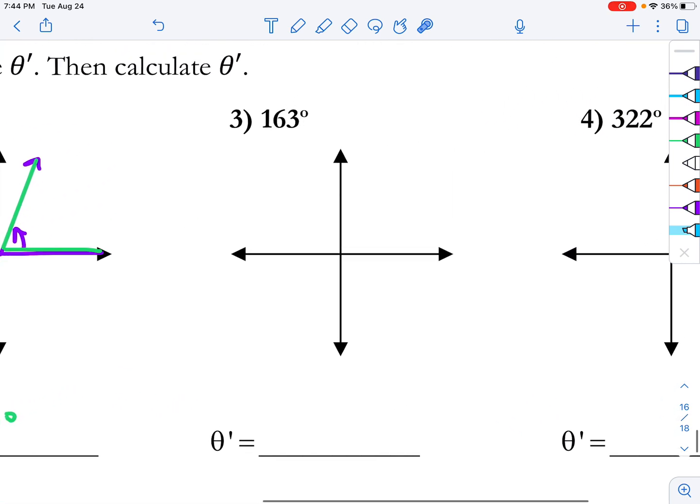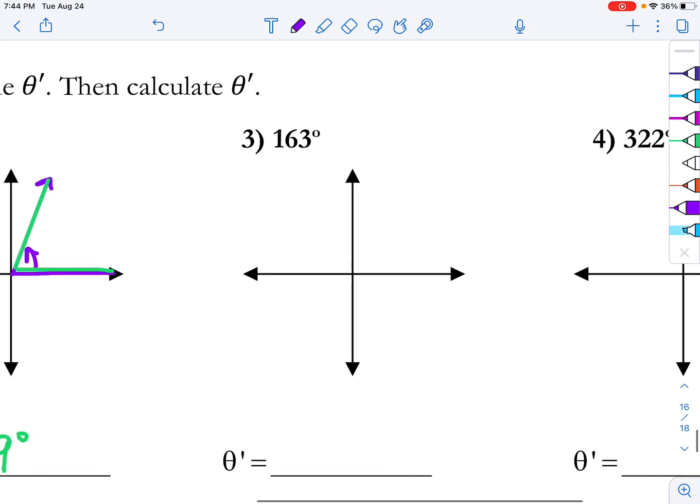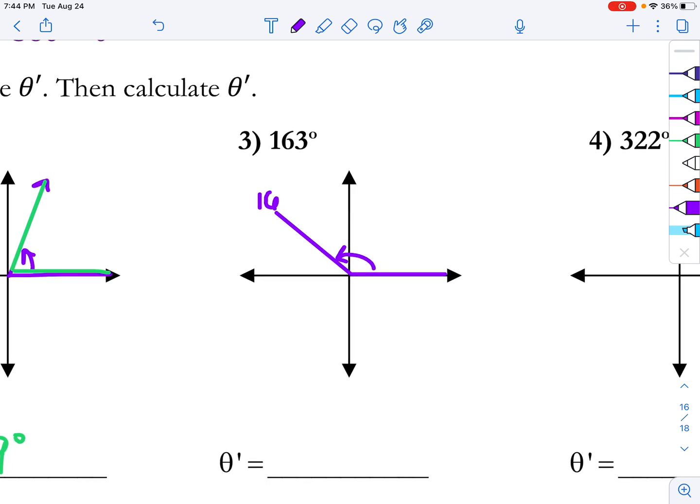All right, number 3, 163 degrees. That's going to take us into the second quadrant, rotating 163 degrees. The reference angle goes from the terminal side to the nearest x-axis, so this is where the reference angle is.